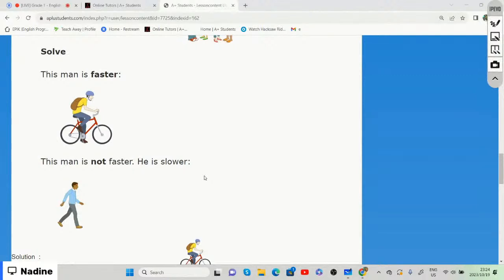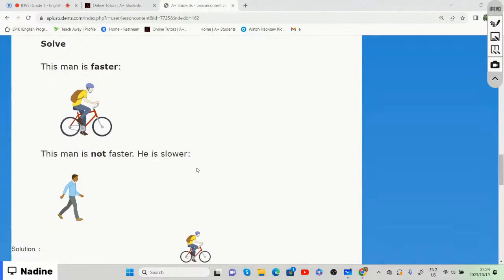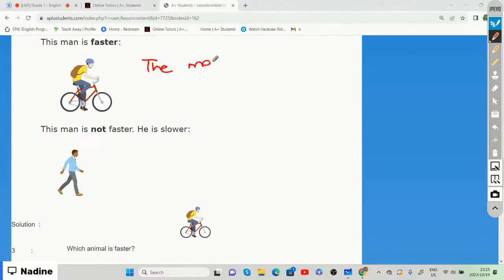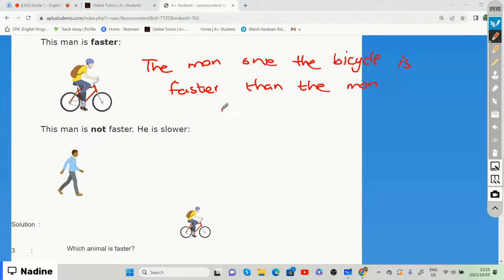So we can basically say the man on the bicycle is faster than the man walking.